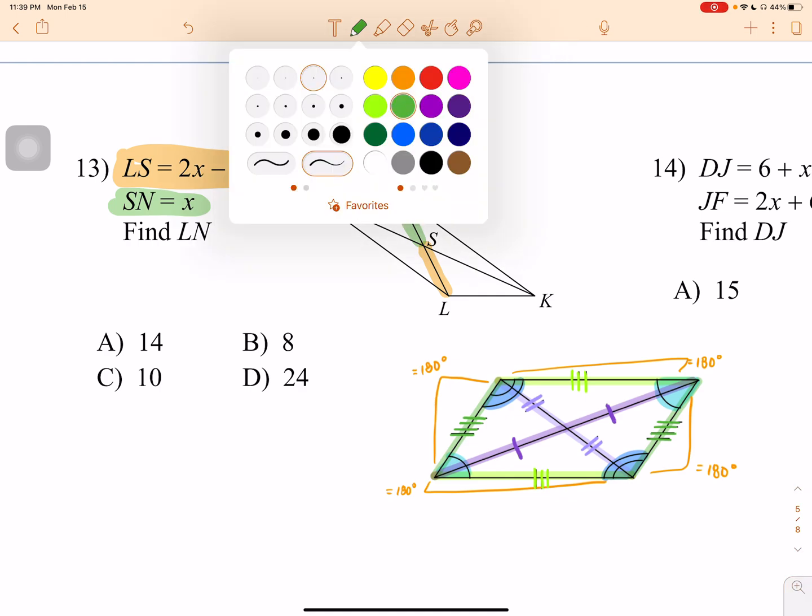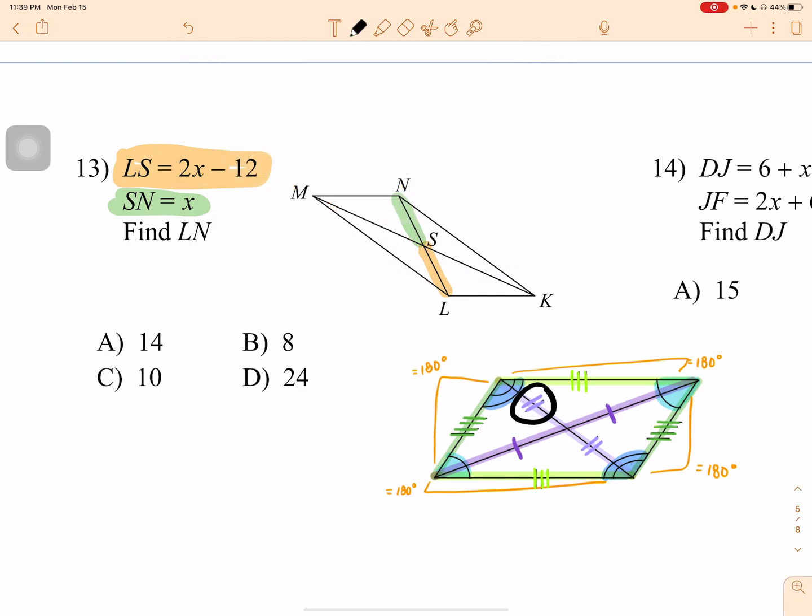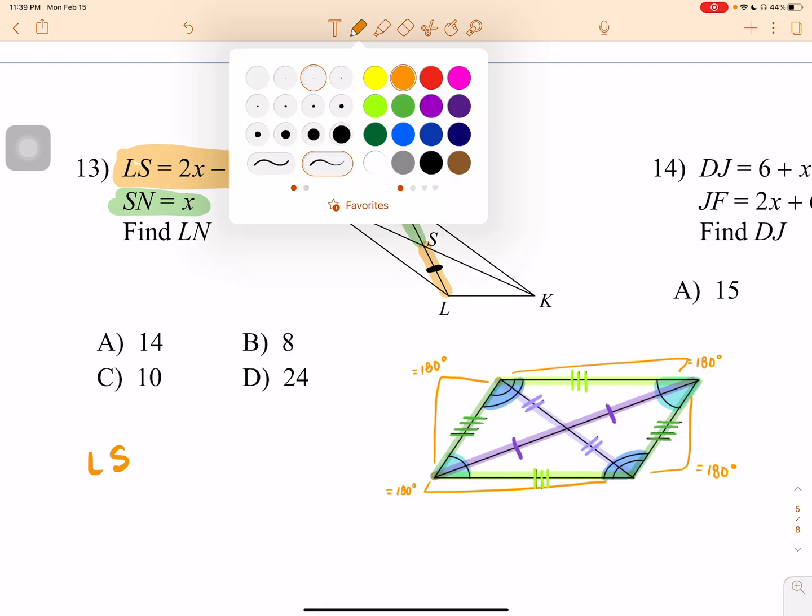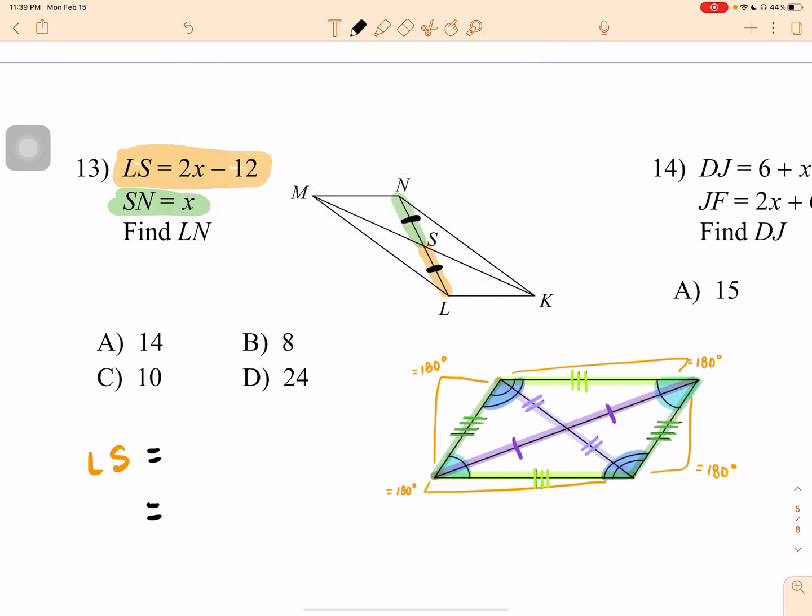Okay, so here what we know is the halves of the diagonal are equal to each other because the diagonals bisect each other. So this side equals that side. So we know they're equal to each other. So we can set up, so we know LS is equal to SN. And SN is x, and LS is 2x minus 12.